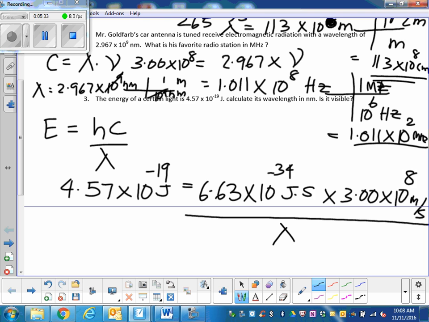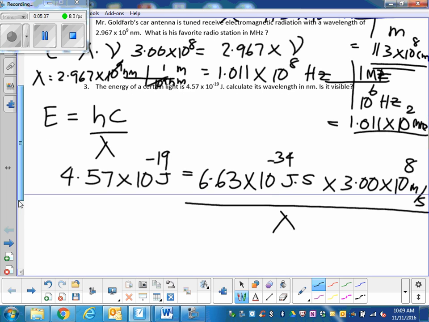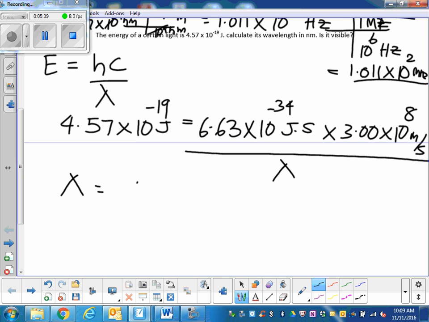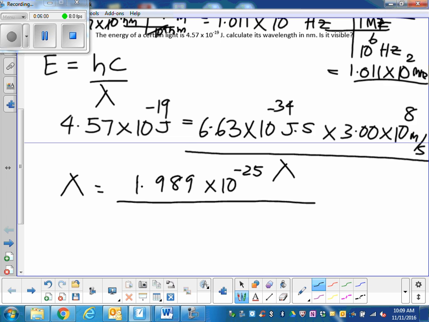Your wavelength is your x. So I can switch these two, right? Yeah. My wavelength equals this whole number in the numerator, which is, I'm going to multiply 6.63 to the negative 34 times 3 to the power of 8, which is 1.989 times 10 to the negative 25, divided by 4.57 times 10 to the negative 19.